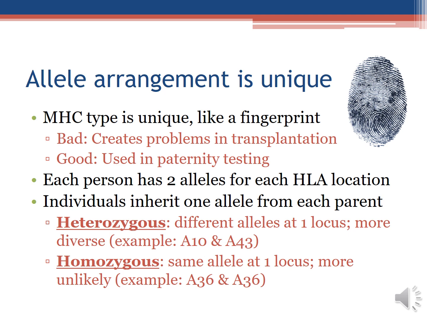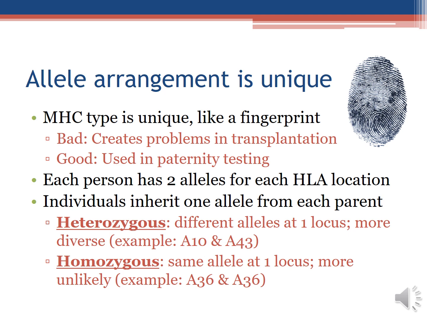The bad news is that it can create problems when we do transplants, because our body does not recognize these new molecules that have been introduced into our bodies. So this is why we have issues with transplant rejections or graft rejections. We'll have a whole lecture going over graft rejections.